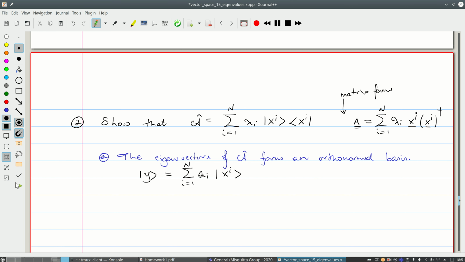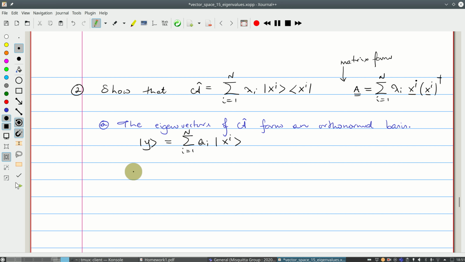Now what I need to show is that if I operate with A hat on y, I get the same result if I operate with this side. Now I've got a sum over I here and a sum over I here. I don't want to have these sums the same, so I'm going to change one of them to a sum over j. This is quite important and you should not forget it.